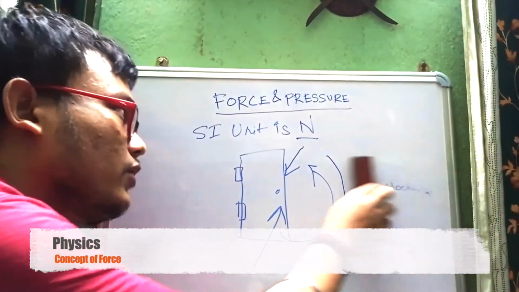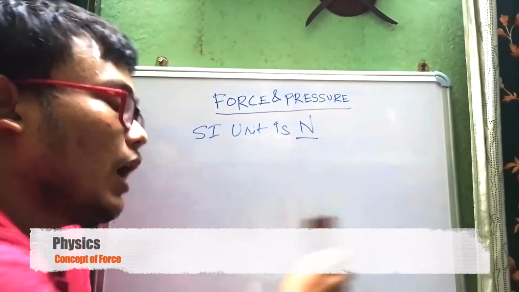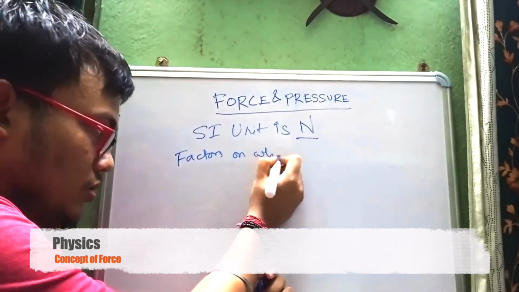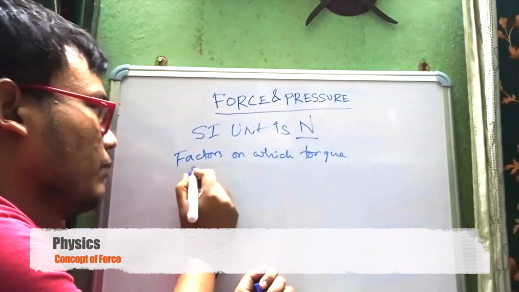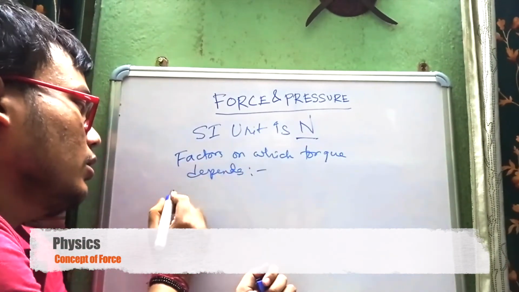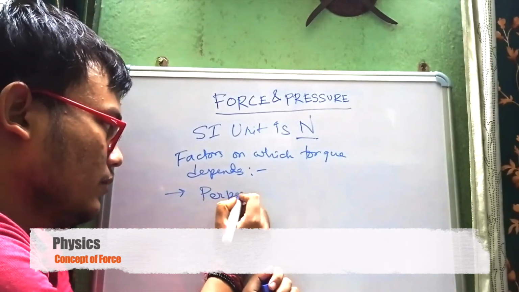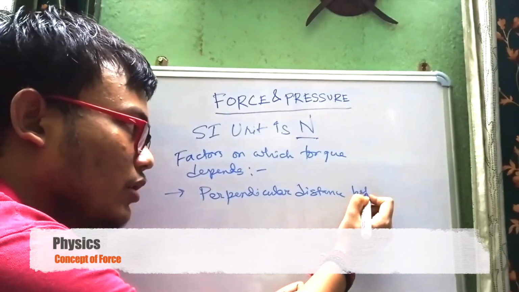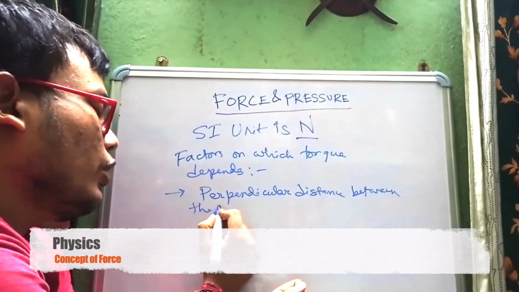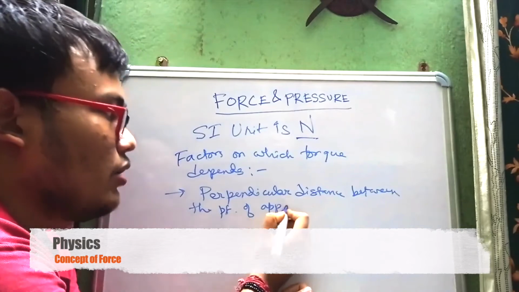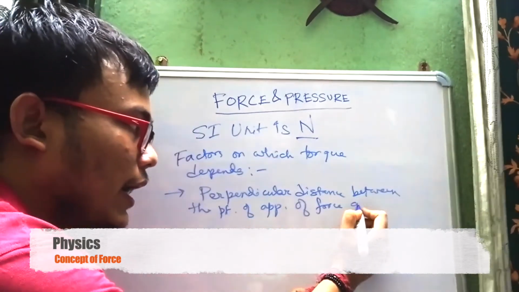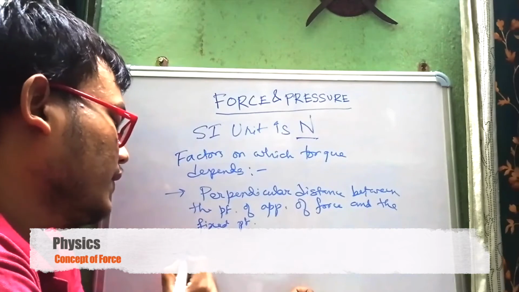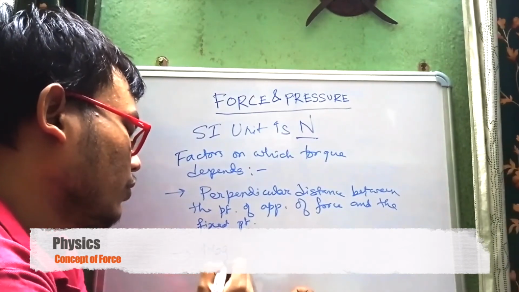The first factor on which torque depends is the perpendicular distance between the point of application of force and the fixed point, and the second factor is the magnitude of force.